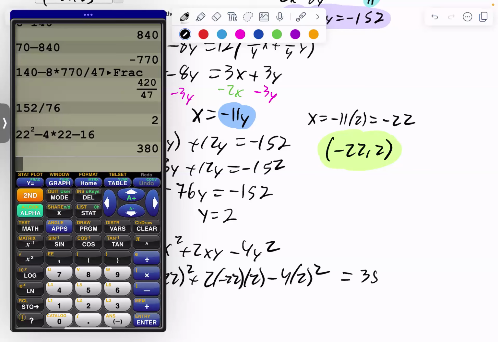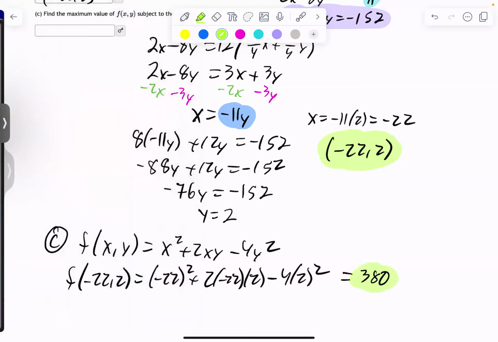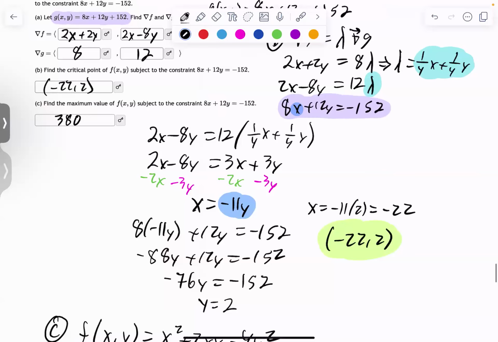I'm getting 380 is my optimization. And there are all of my answers as we are looking at that.